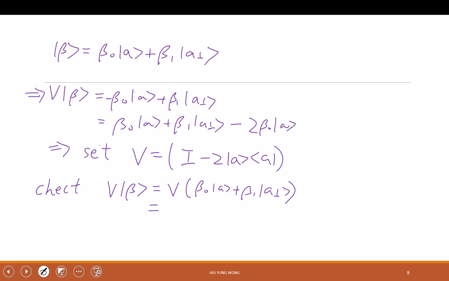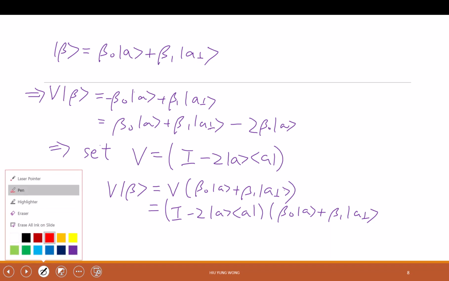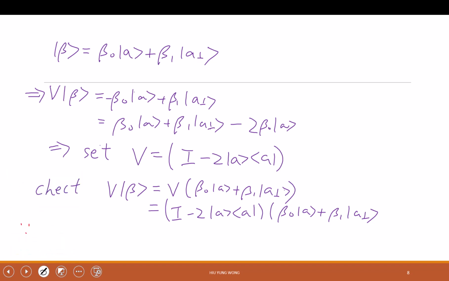Then we say V equals I minus 2A, the whole thing times beta 0 A plus beta 1 A perpendicular. I'm not going to go into detail, but I want to remind you, what is A inner product A? Again, 1.